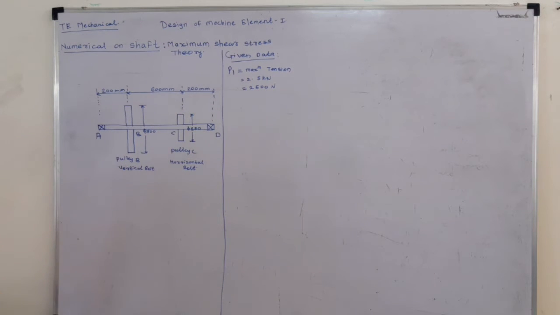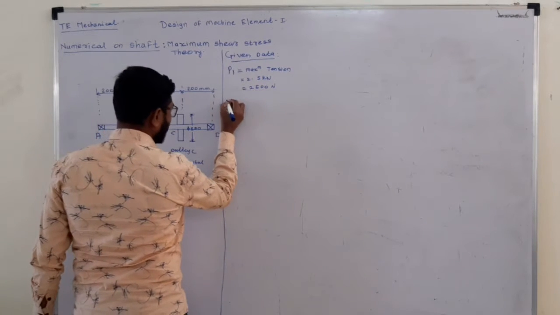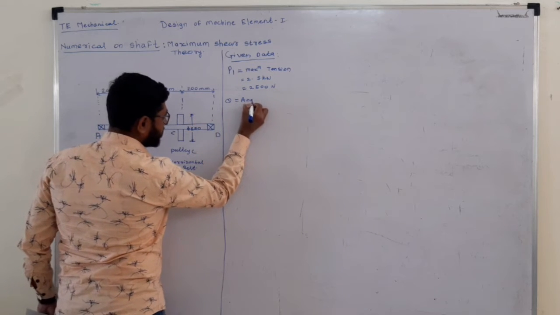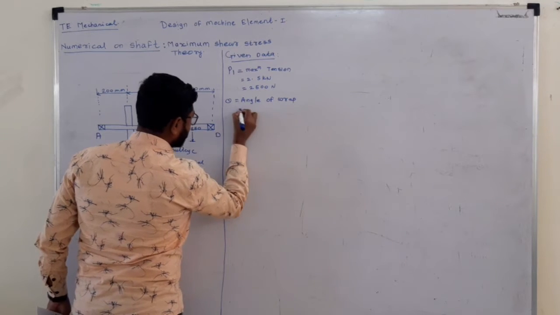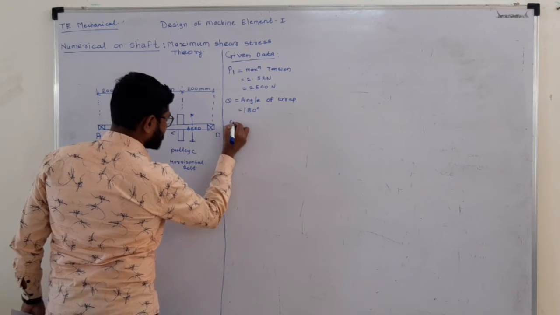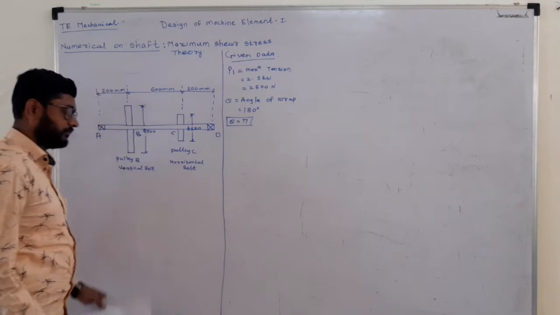It is also given that the angle of wrap theta is 180 degrees, meaning theta is equal to pi.